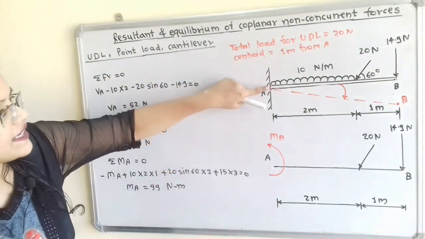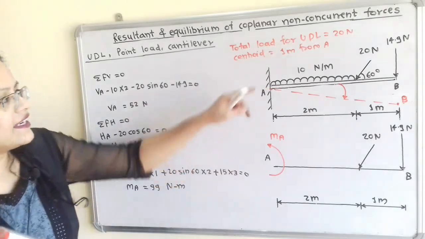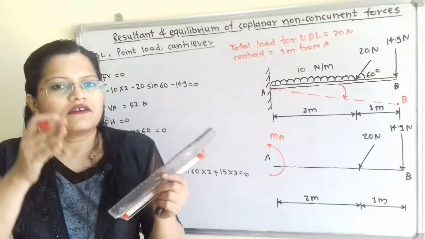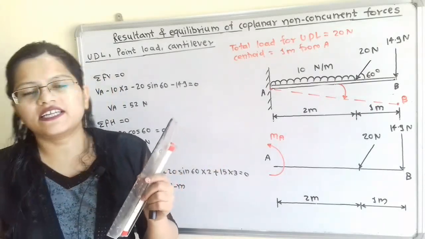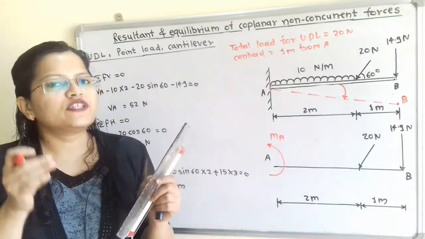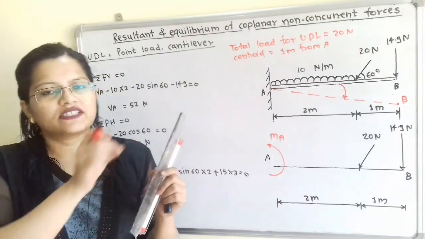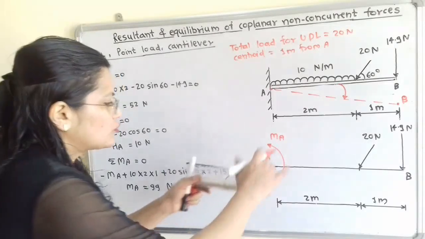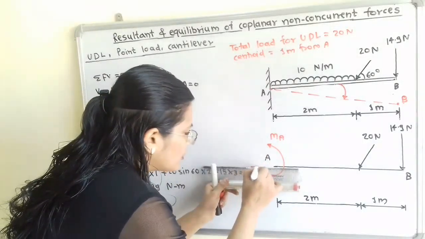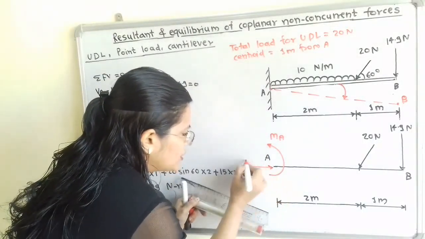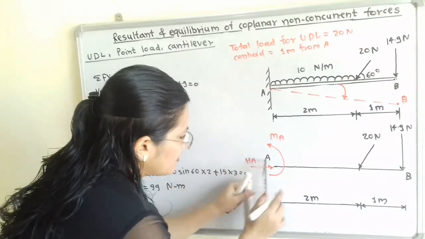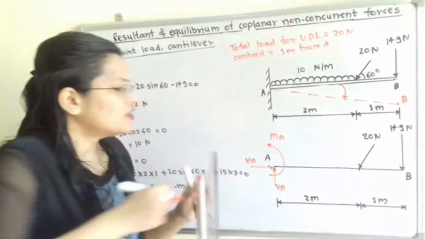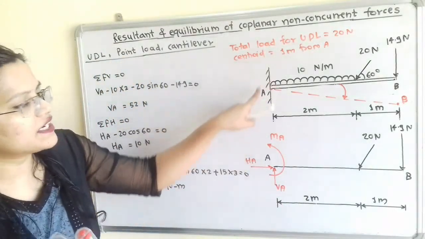This end is fixed and it will try to rotate about this point A, so we can show here the reaction in any direction. We will show the components of the reaction, the horizontal component as well as the vertical component. So at end A, I will show the horizontal component as HA and the vertical component VA.